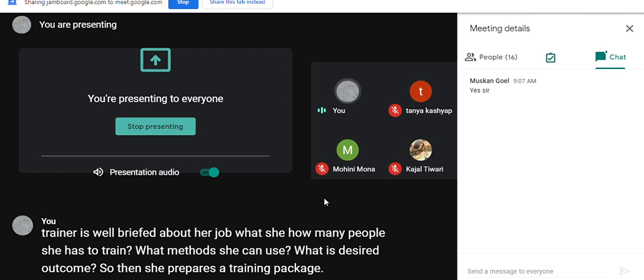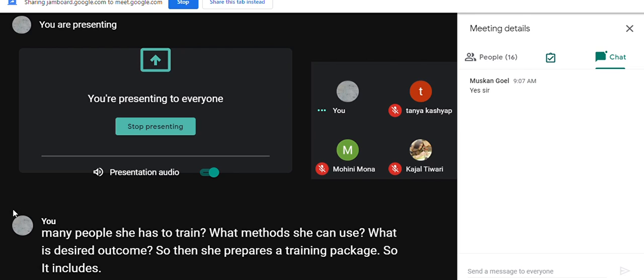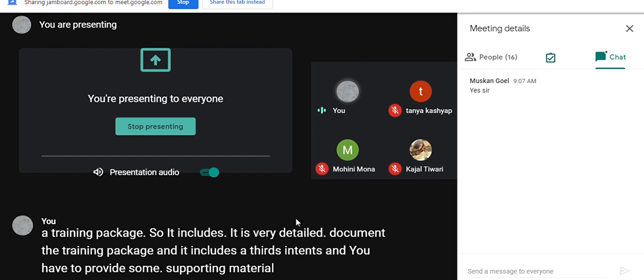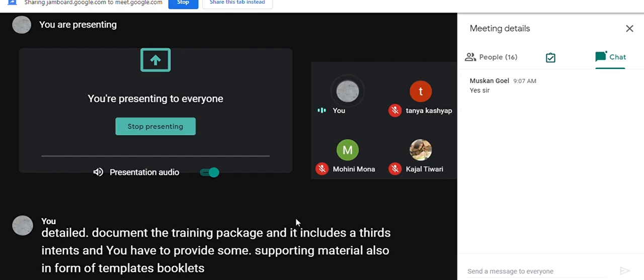It is a very detailed document, and it includes methods, contents, and then you have to provide some supporting material also in the form of pamphlets and booklets. So she has to design that also.